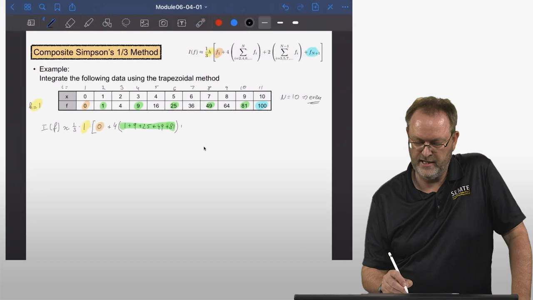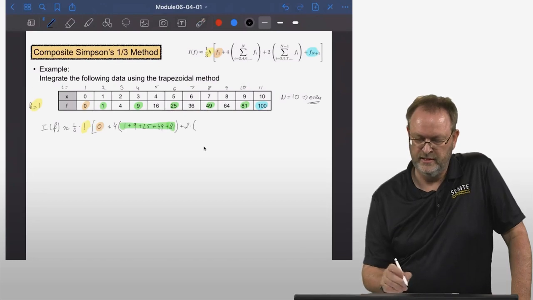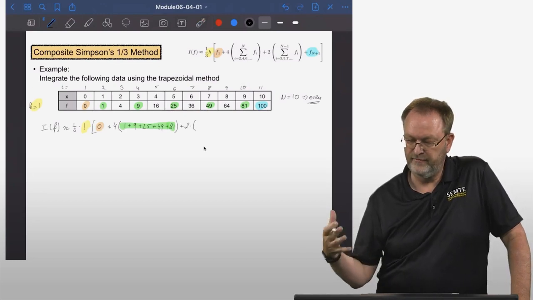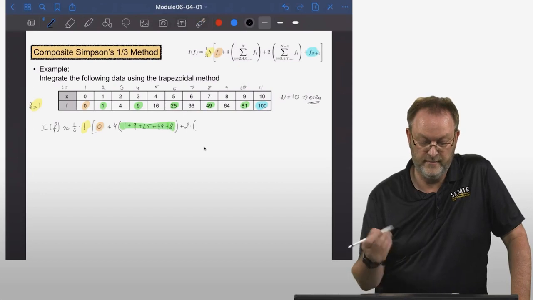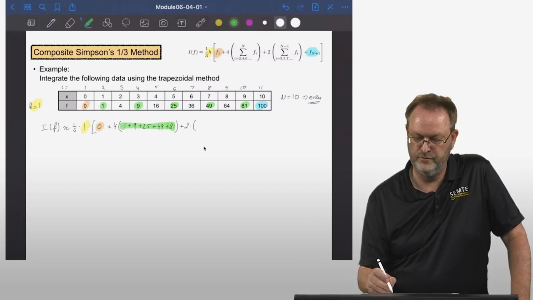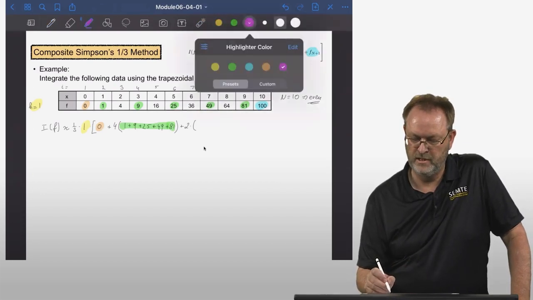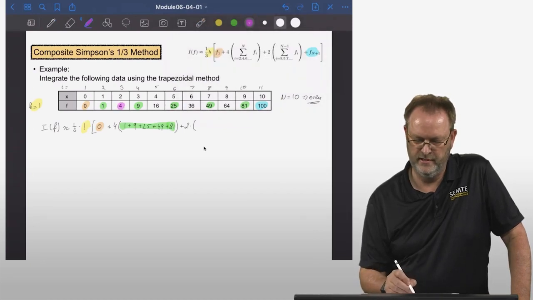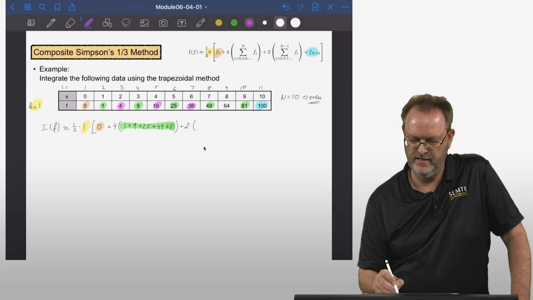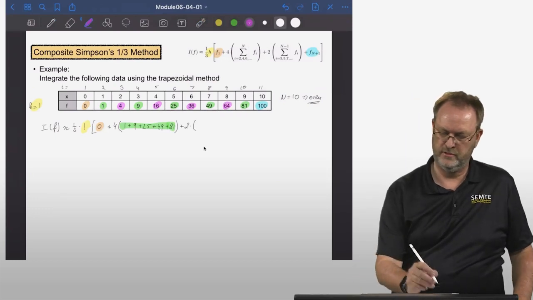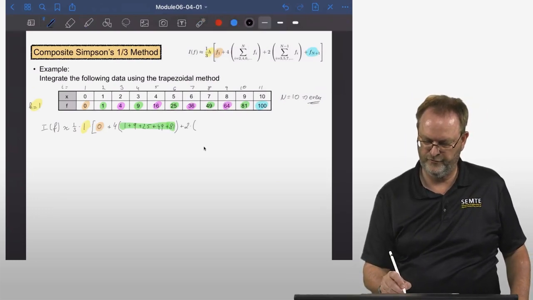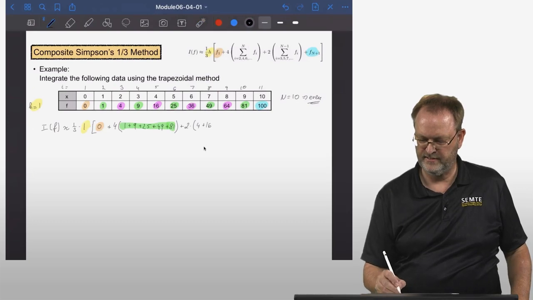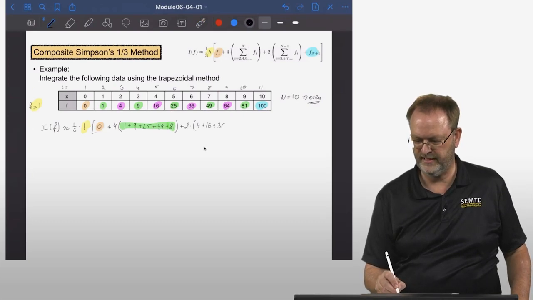Then I have plus 2 times the sum of these values at 3, 5, 7 all the way to n minus 1, which is equal to 9. Okay, so let's go purple here. So we have 3, 5, 7, and 9. Let's sum these up: 4 plus 16 plus 36 plus 64.